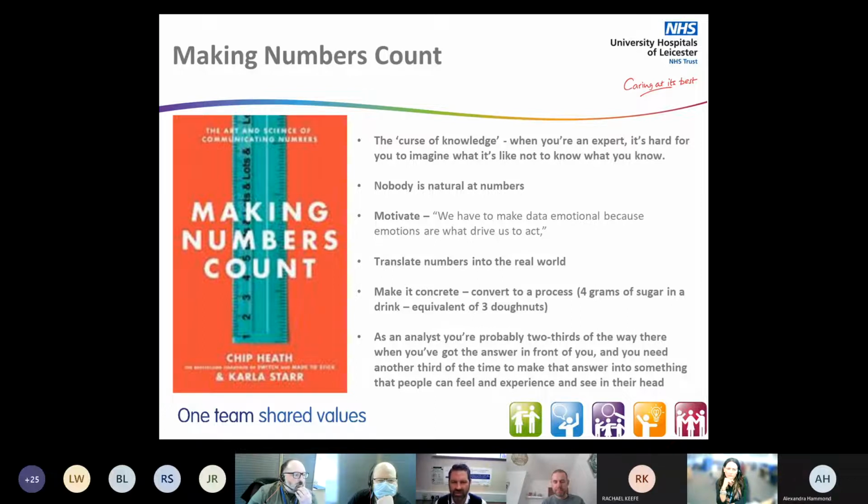But I've seen a few lectures from the author, and he's got a very good way of explaining how we spend a lot of time analysing and reporting on data, but we don't think about how to translate the messages we've got into the real world.